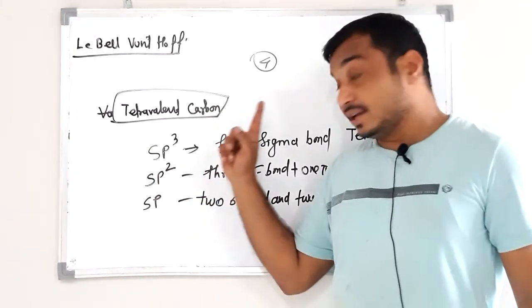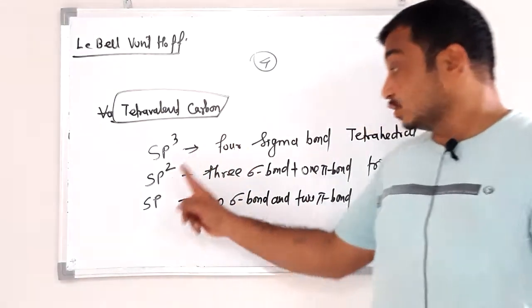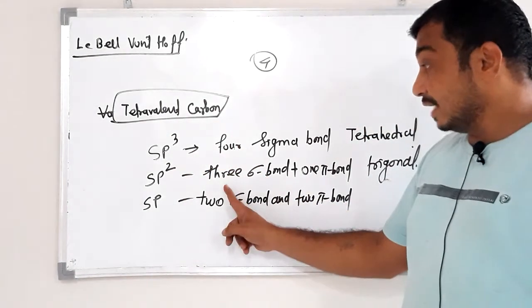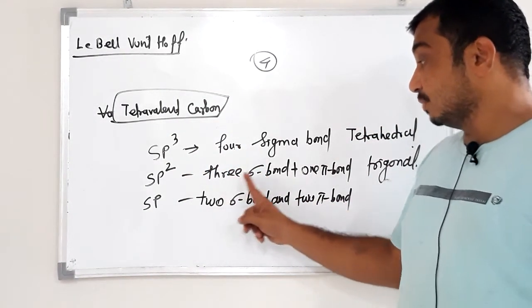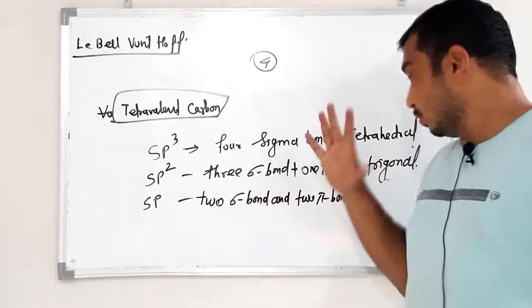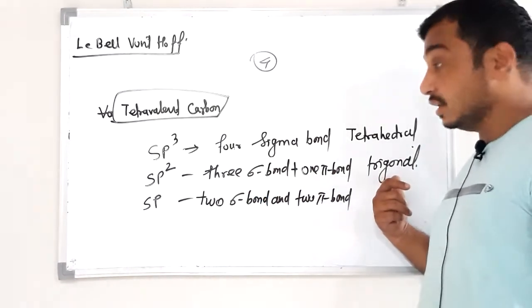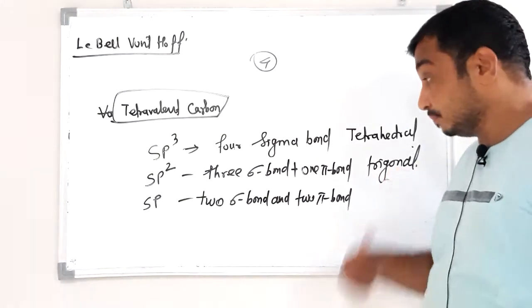In case of carbon with sp2 hybridization, that carbon forms 3 sigma bonds and 1 pi bond, total 4, and the geometry is trigonal planar.